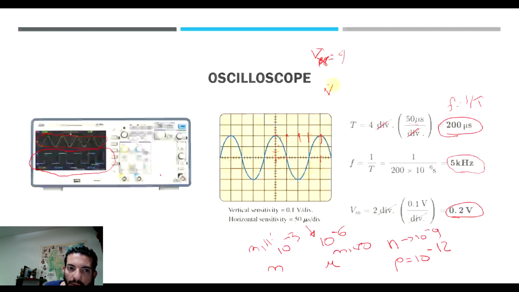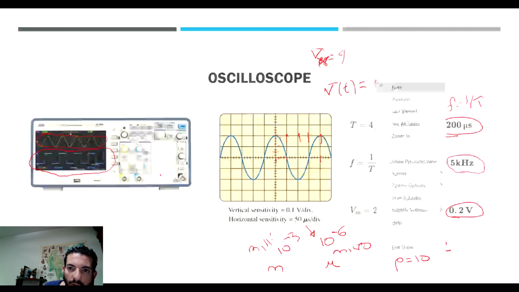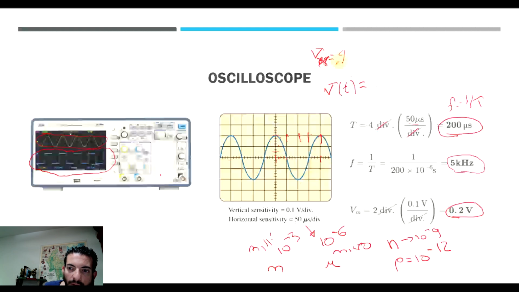The way to characterize this voltage wave as a function of time: even though here it's 2 divisions, we have to do 2 divisions times 0.1 volt per division.